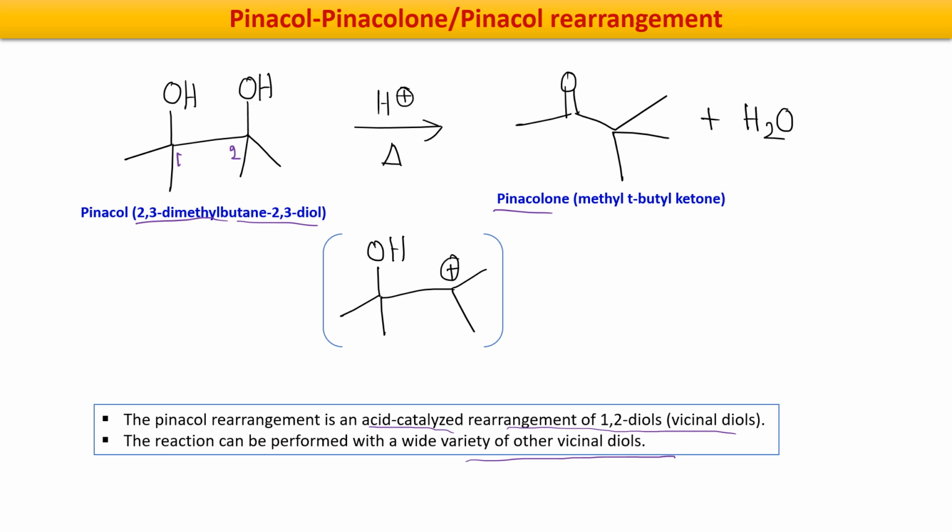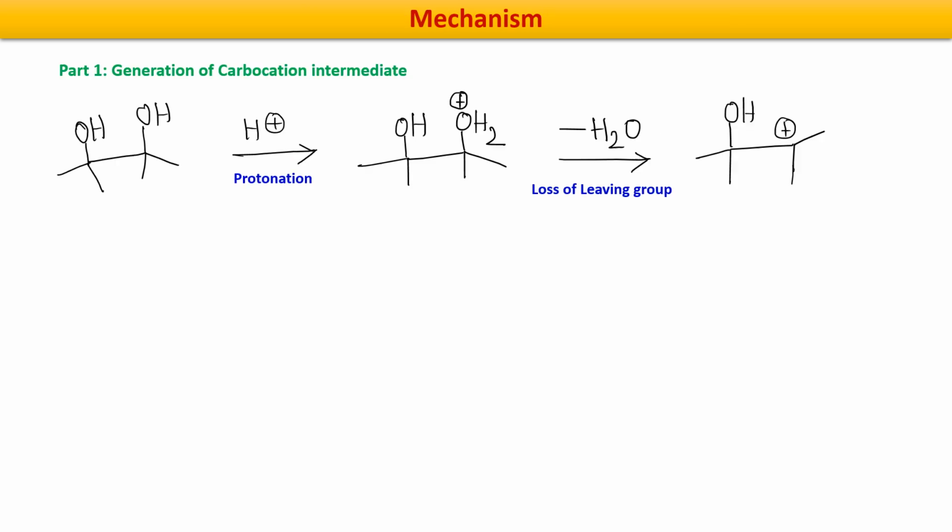Just for the sake of understanding, one OH is removed in the form of water because it is protonated in the presence of H plus, and here we get a carbocation. It may be a free carbocation or have carbocation-like character, and then one of the methyl groups shifts to this position, and finally we get this ketone. That is all about this rearrangement, and next we will go to the mechanism.